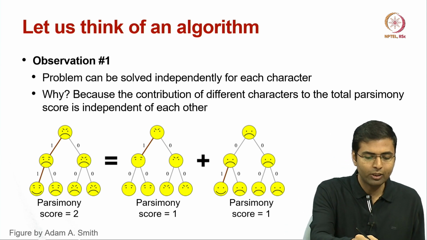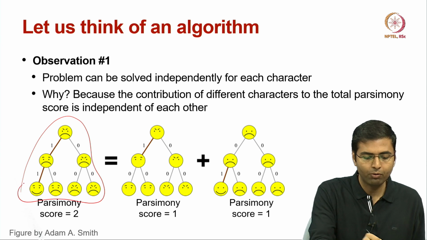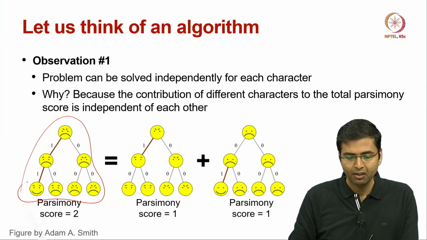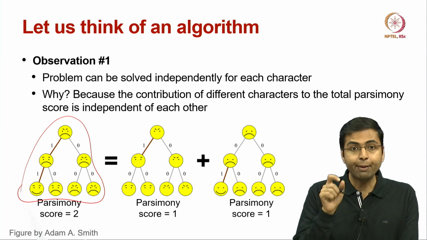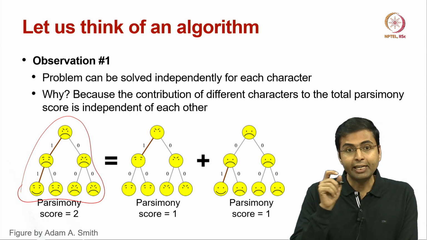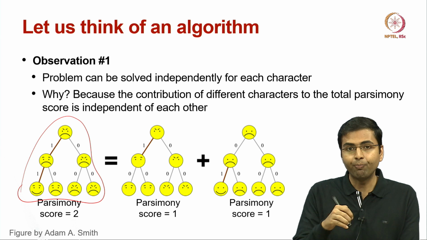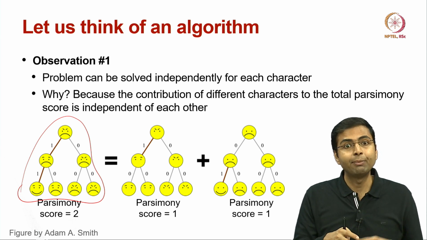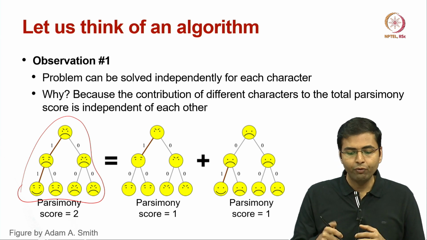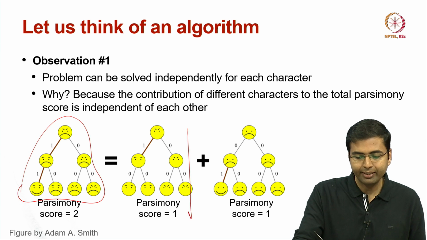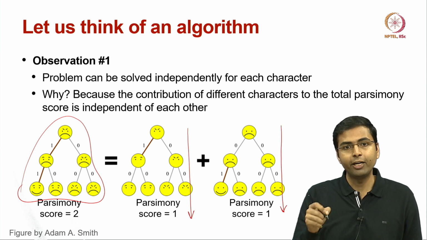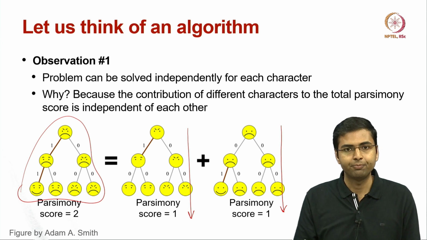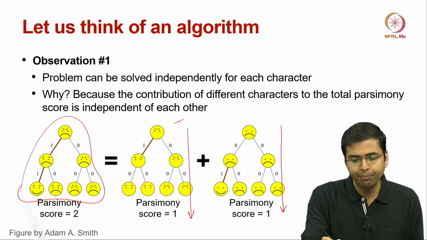For example, if we go back to the toy example that was shown earlier, observe that the contribution of eyebrows is independent of the contribution of mouth to the total parsimony score. So, we can independently minimize this as well as we can independently minimize the parsimony score corresponding to the mouth character.